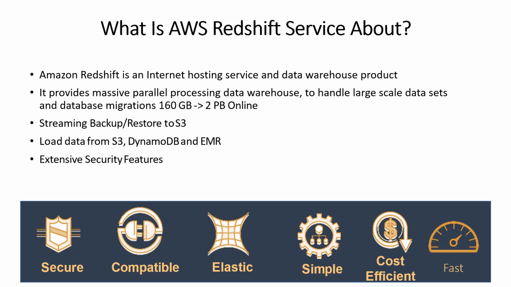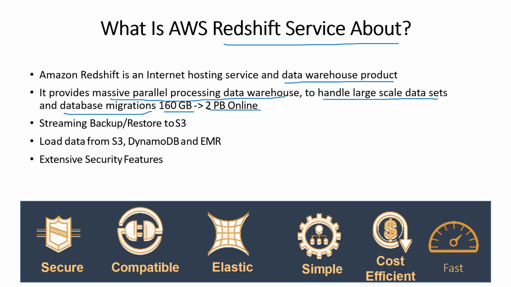What is the AWS Redshift service about? Amazon Redshift is an internet hosting service and data warehousing product. It provides a massively parallel processing data warehouse to handle large data sets and database migrations. The sizes are about 160 gigabytes to 2 petabytes online.